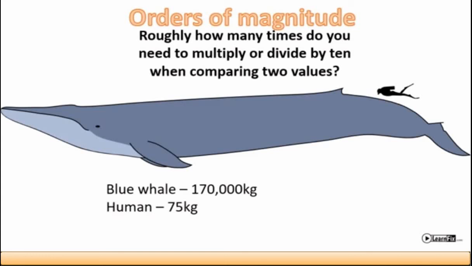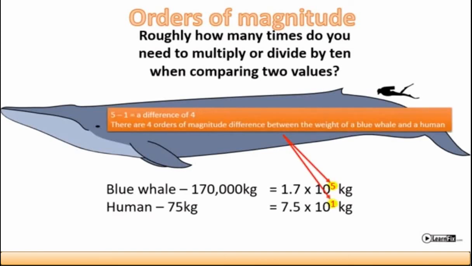So 170,000 kilograms is 1.7 times 10 to the fifth, and 75 kilograms is 7.5 times 10 to the power 1. The difference between the index numbers is 4, so there are 4 orders of magnitude of difference between their weights.